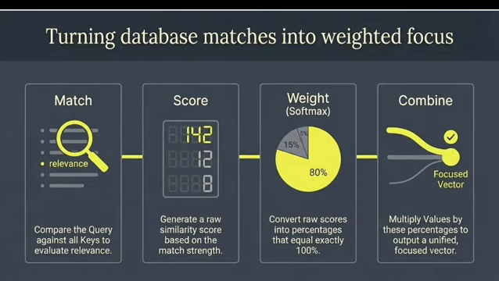Activation functions are very relevant to neural networks, and there are various types, like softmax, tanh, etc. Combine multiple values by these percentages to output a unified focus vector. These values are combined such that a focus vector is generated for returning the response.